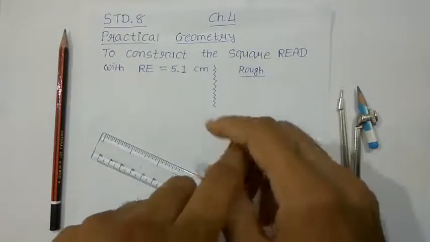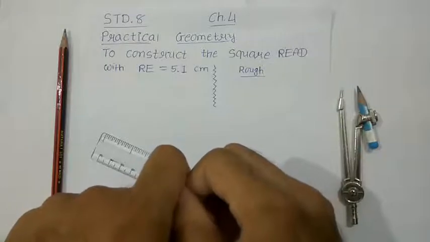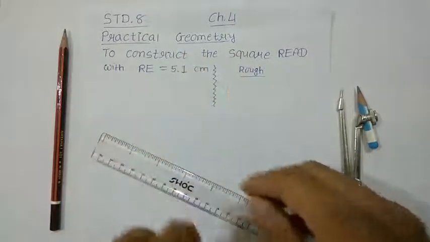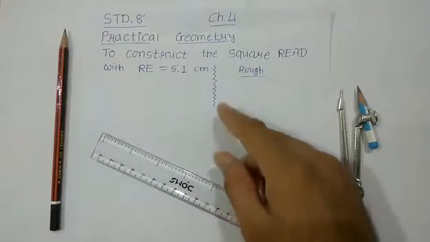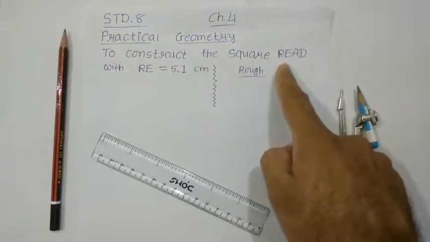So whenever we construct any such quadrilateral, before that we must have the knowledge of the properties of that quadrilateral. So currently we want to construct the square, and the name is READ.